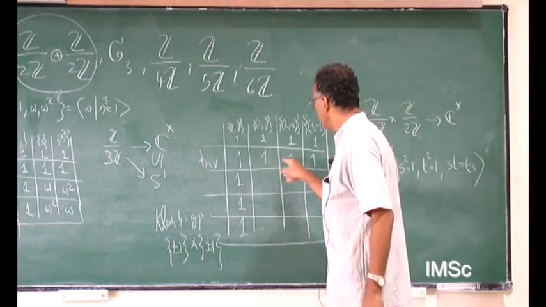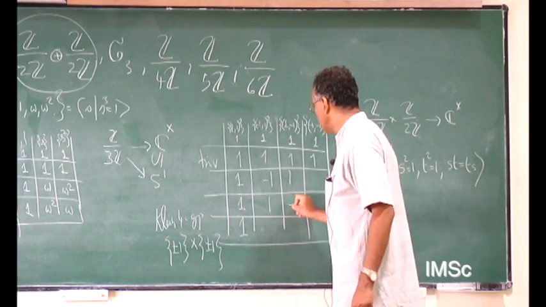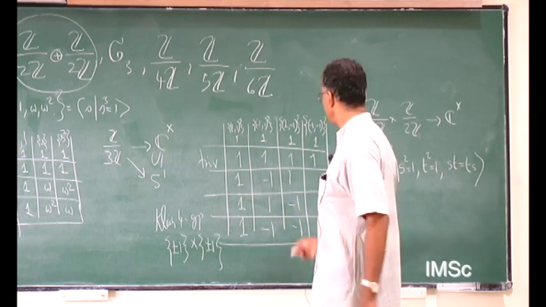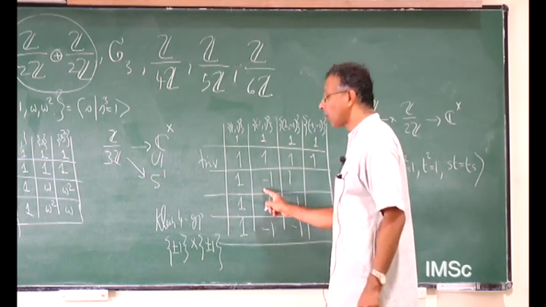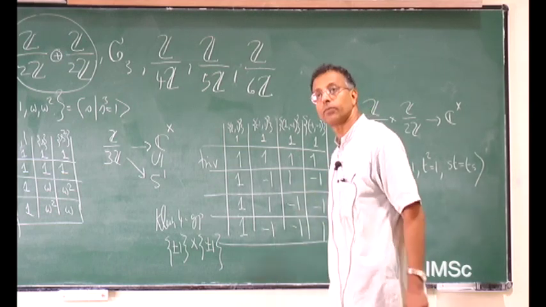So this could be 1, 1, minus 1, 1, 1, minus 1, or minus 1, minus 1. And depending upon that, this is just the product of these two numbers. So this is minus 1, minus 1, 1.